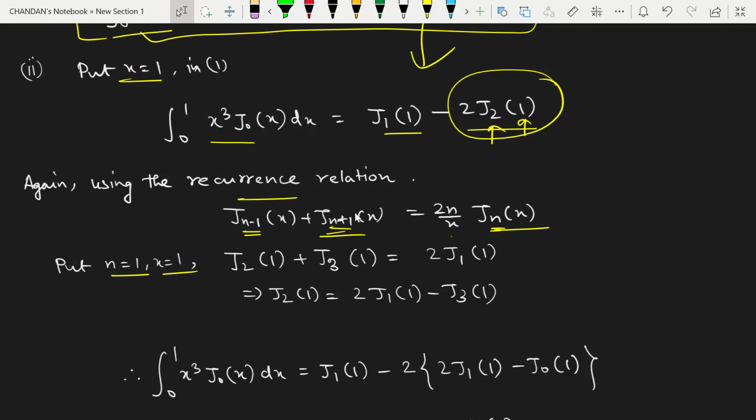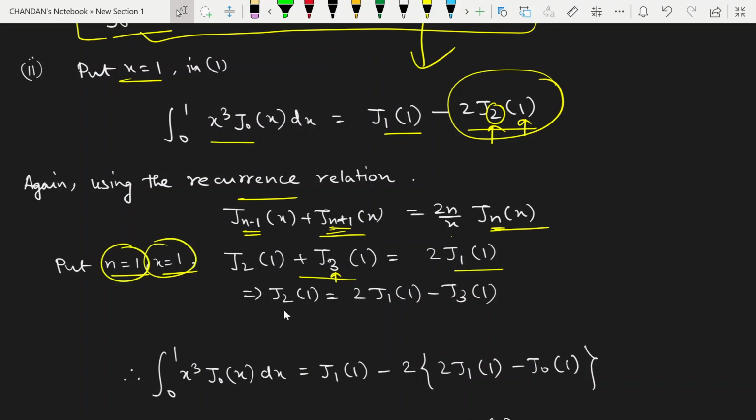Okay, so we have to put the value of n such that these values of J are not exceeding the maximum value in this suffix. So J2(1) plus J3(1) is equal to 2 J1(1), and since the term of J3 is present in the proof of this problem, we put n equal to 1 and x equal to 1.